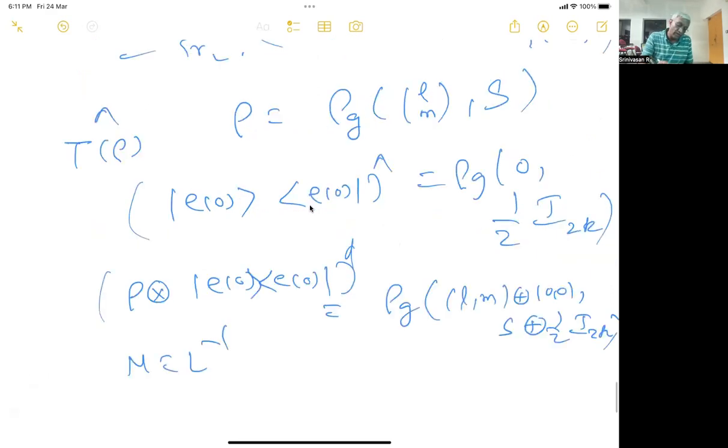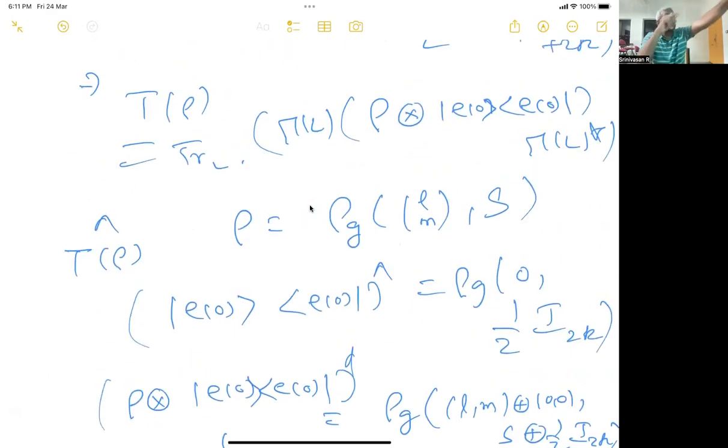If you want to consider this part, you have to apply L inverse to the mean, and L inverse transpose, whatever the covariance matrix, times L, right? That's what you will get.